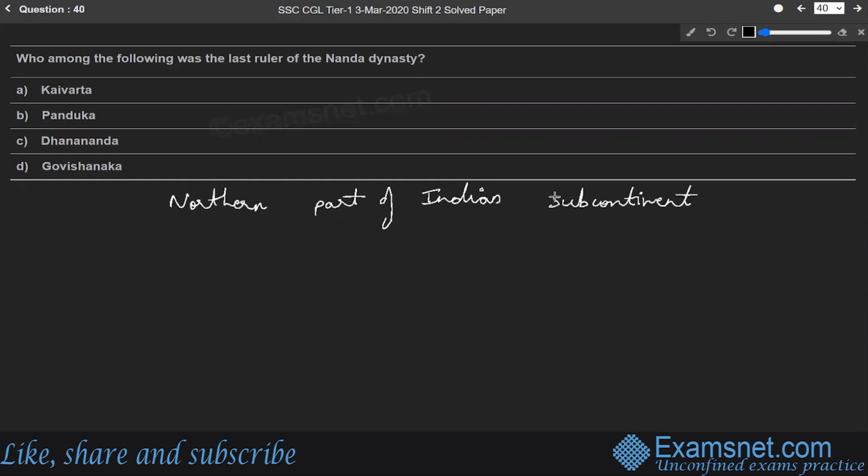This dynasty ruled mainly during the 4th century and possibly during the 5th century. The founder of Nanda dynasty was Mahapadma Nanda. He founded Nanda dynasty around 467 BC. He also accepted the title of Ekrat.